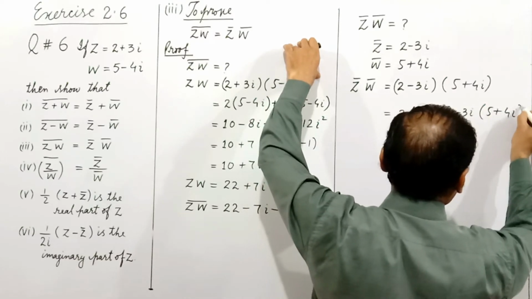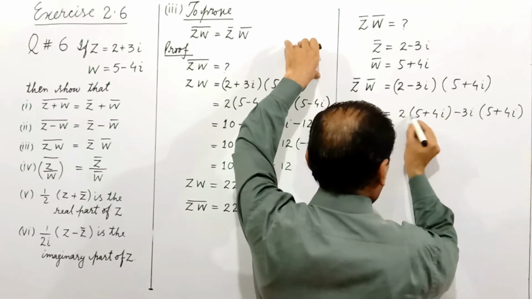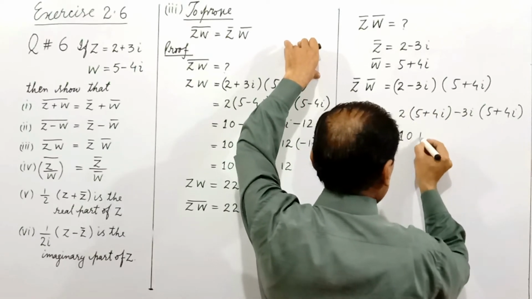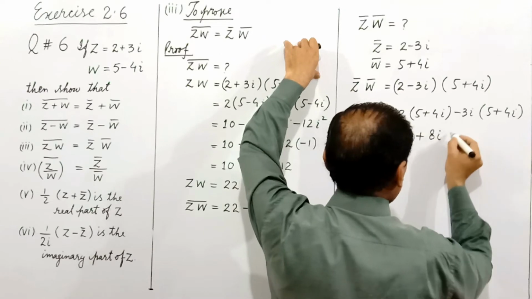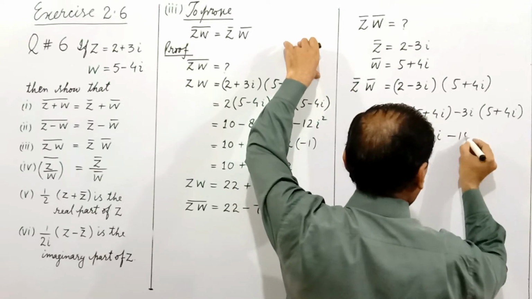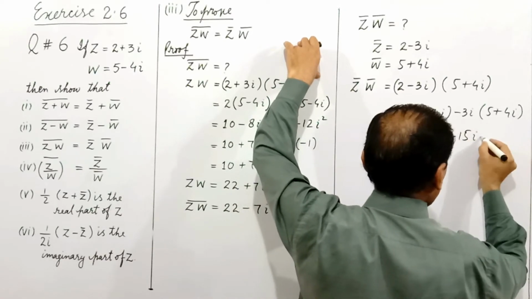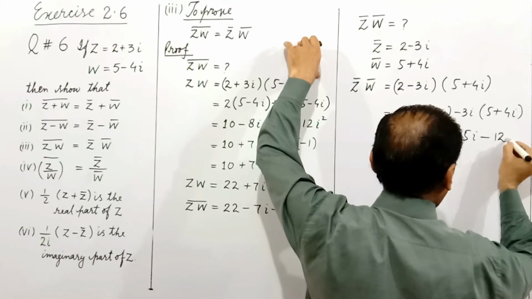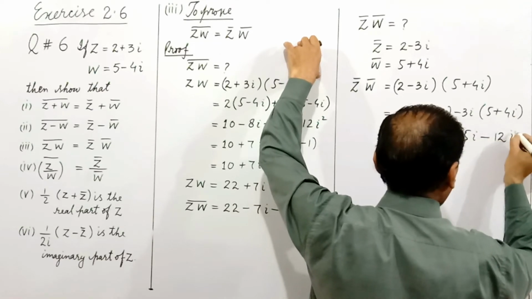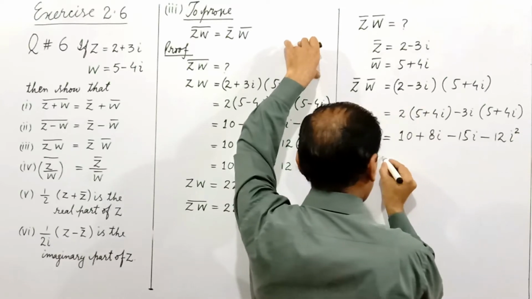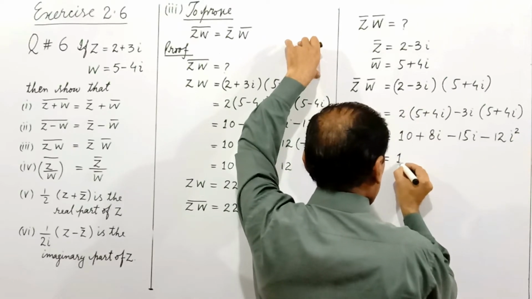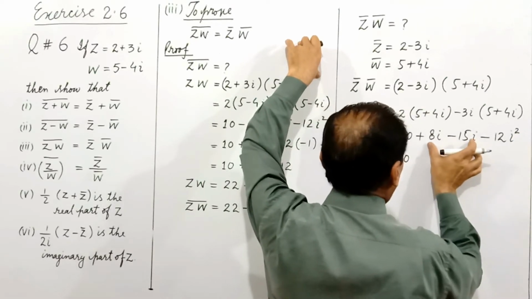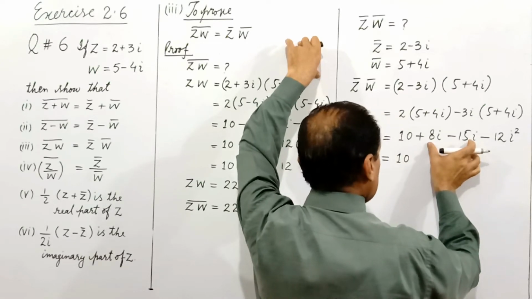2 5s are 10 plus 2 4s are 8 iota, minus 3 5s are 15 iota, minus 3 4s are 12 iota into iota becomes iota square. 10 is carried, imaginary coefficients are subtracted as the signs are different.